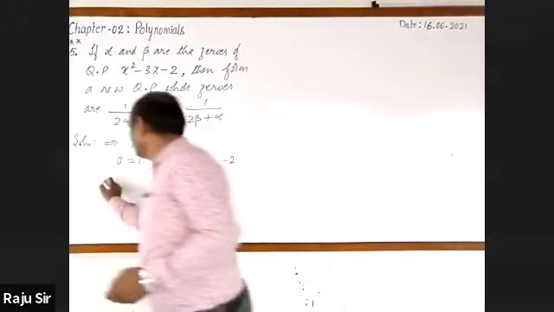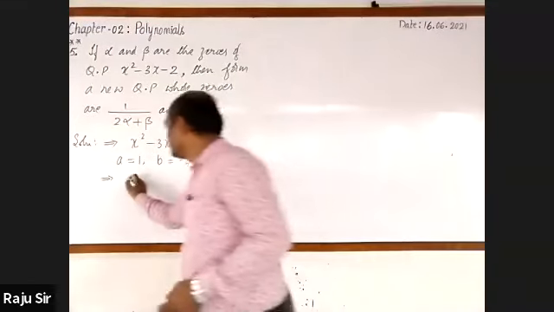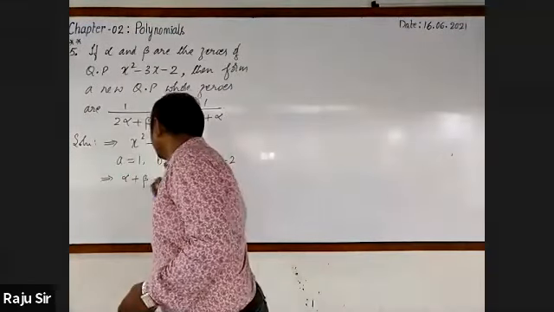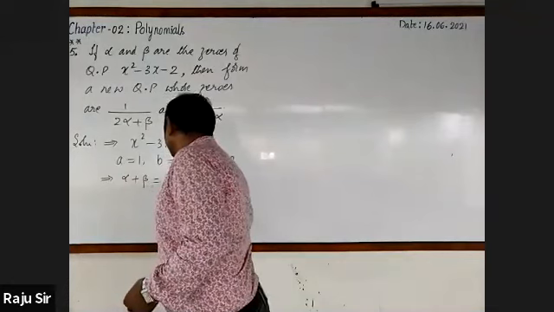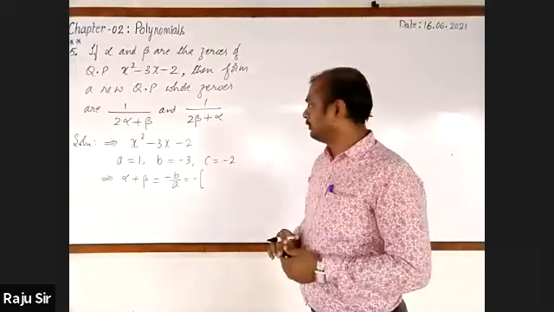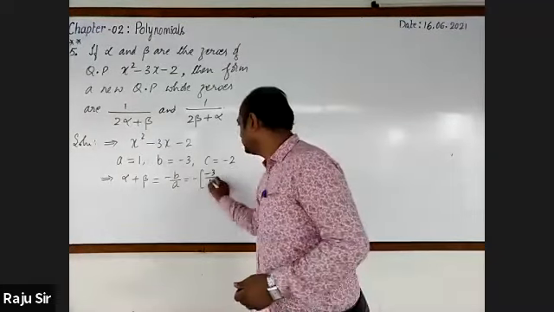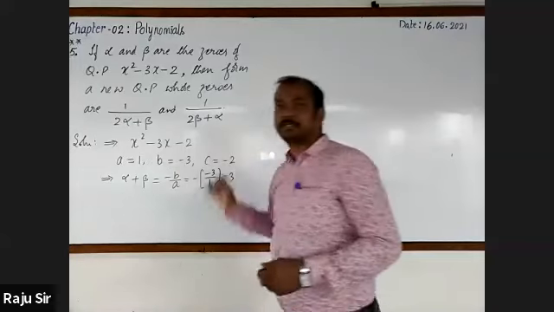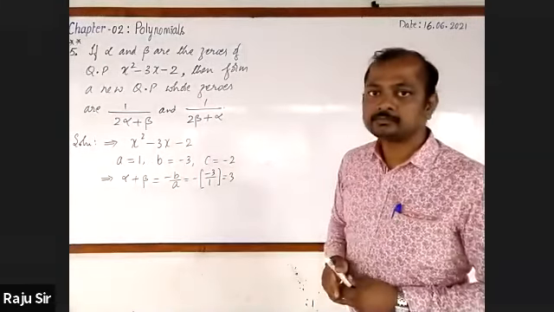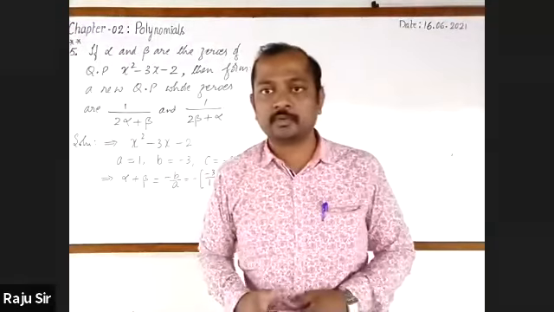Next, let us find out sum and product. That is alpha plus beta, which is minus b by a. That's equal to minus 1 into, where b is minus 3 and a is 1. It's equal to plus 3. Have you got the same?